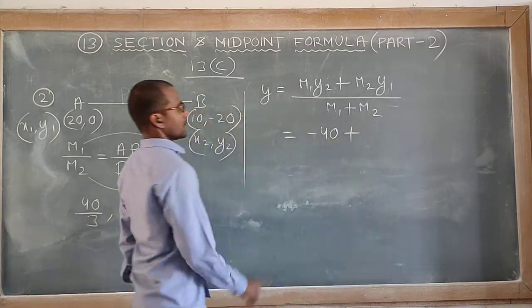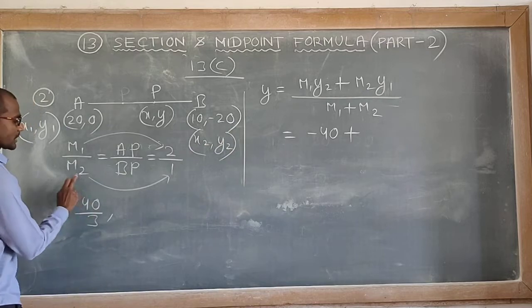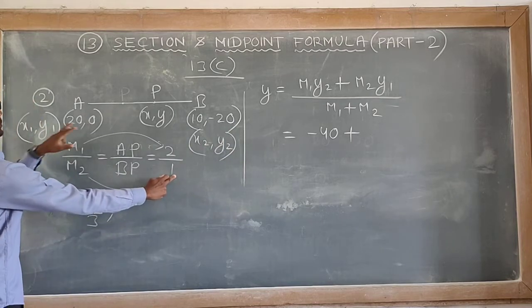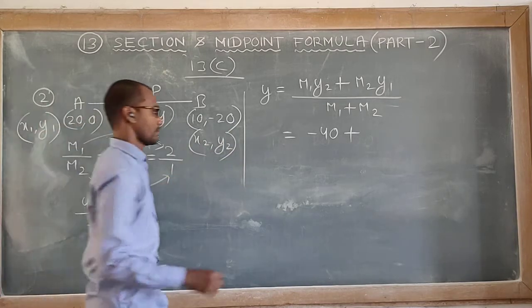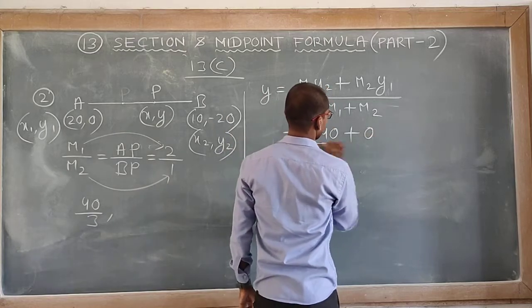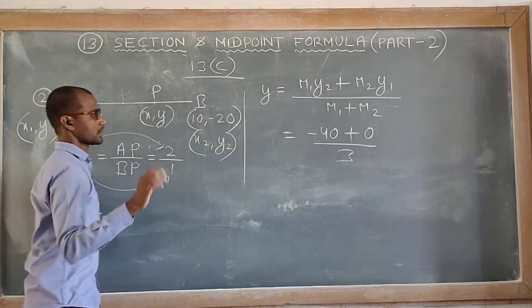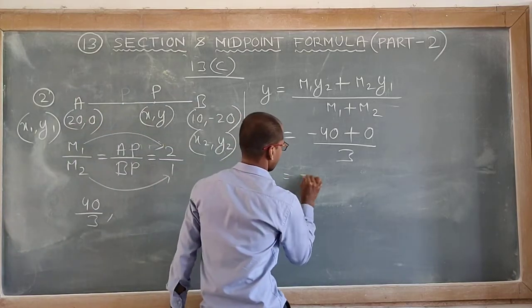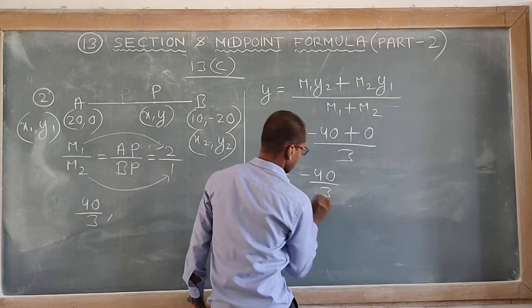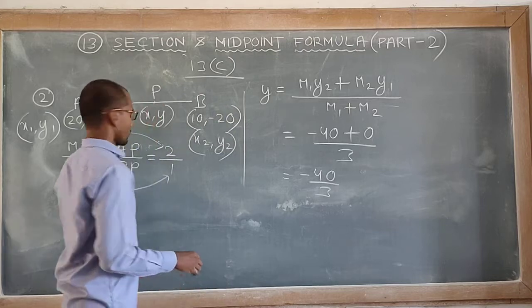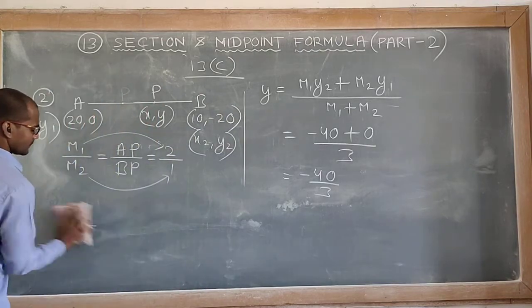Then m2 y1 means 1 into 0, which is 0, by 3. m1 plus m2 is 2 plus 1, 3. So y is minus 40 by 3.